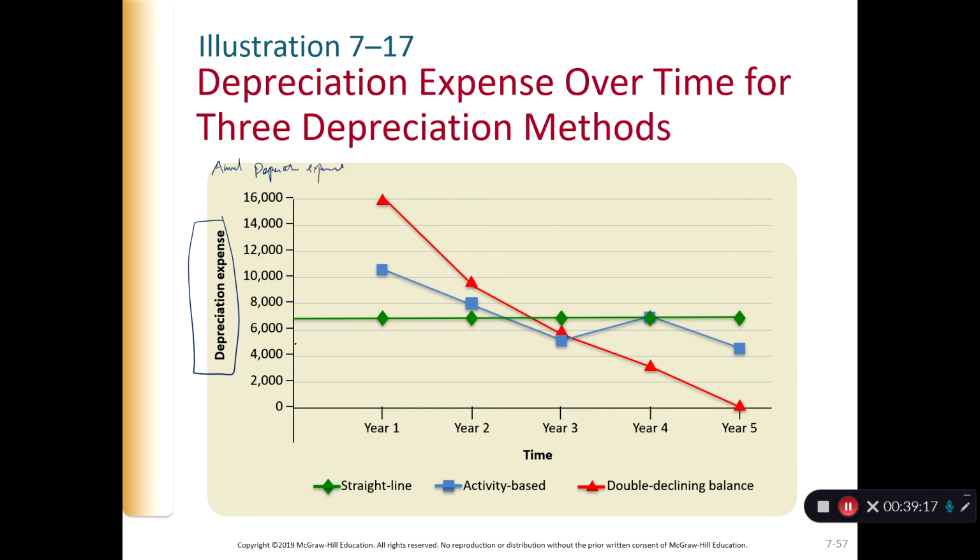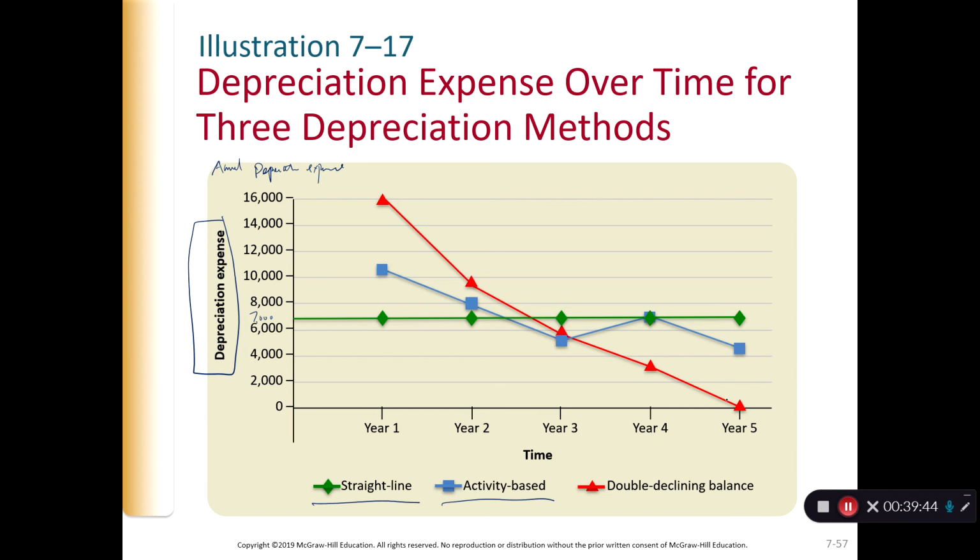So therefore you can see the straight line method, which is the green line here, looks straight because every year is $7,000, right? And when you look at double declining, which is represented by the red line here, the depreciation expense is going down really fast, right?